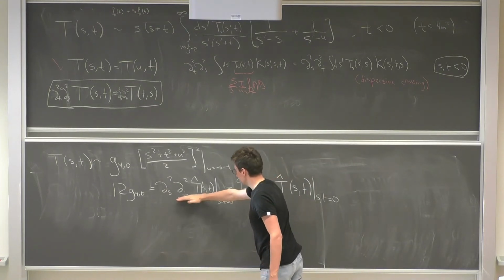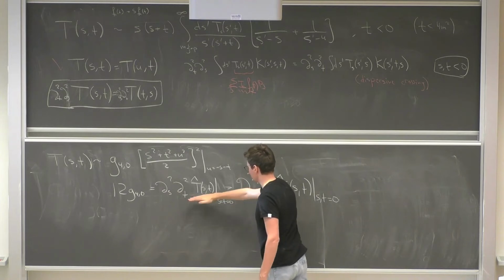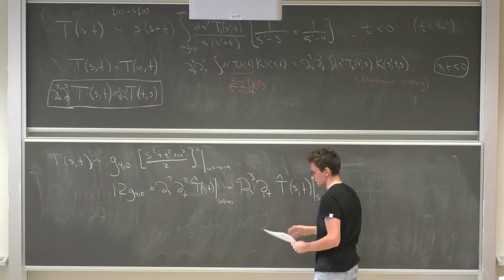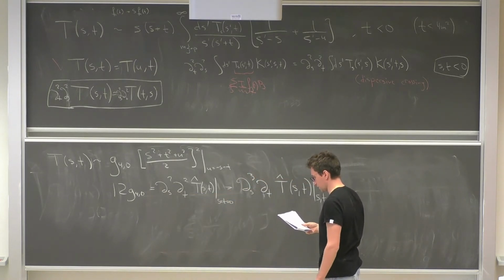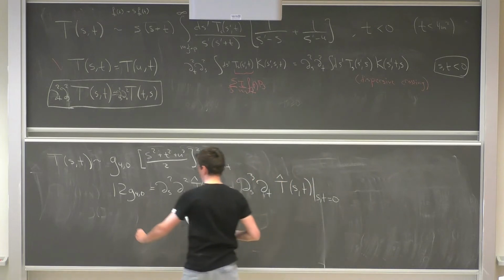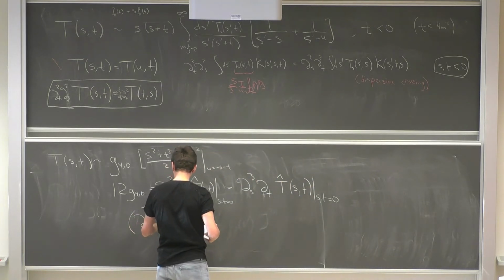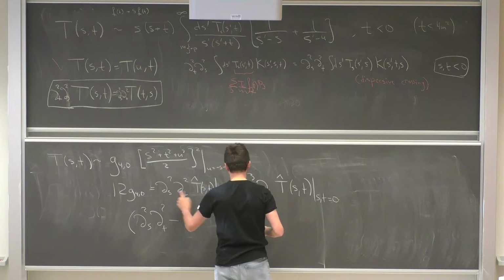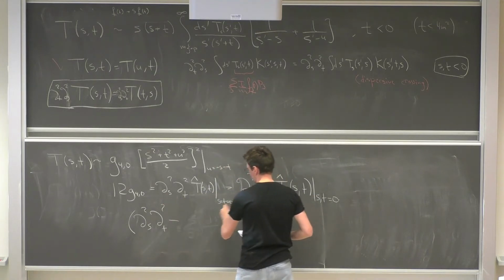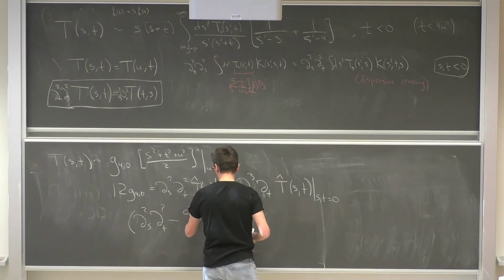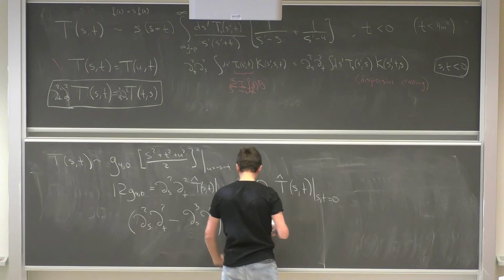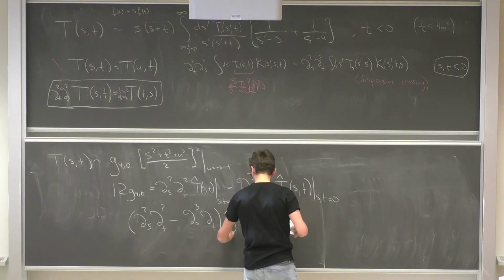And now let's take the difference between these two representations and evaluate it using dispersion relations. And so we get the equation. Again, I chose the number of derivatives high enough to get rid of all the subtraction terms.